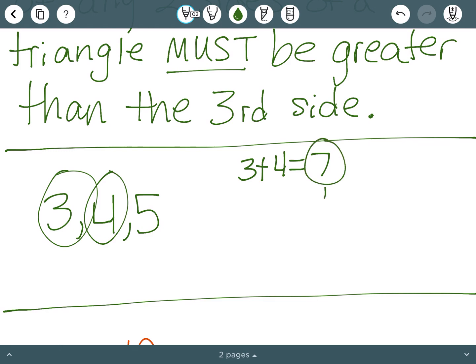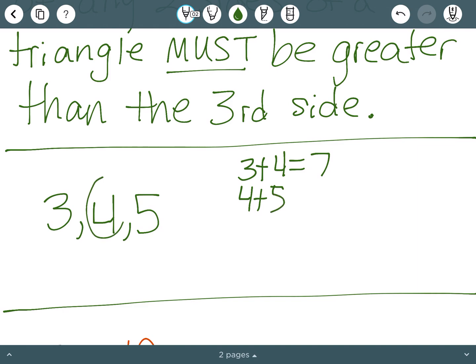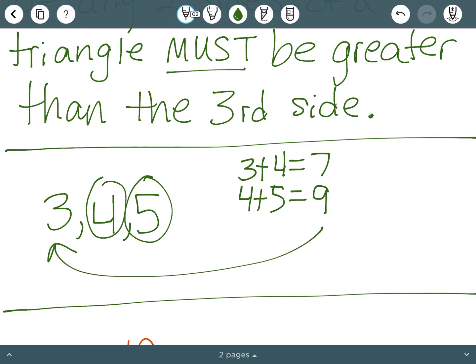And is 7 greater than my third side, 5? Yes, it is. So we're good so far. All right, let's take a look at my sides 4 and 5. We're adding 4 and 5. That gives us 9. Well, is 9 greater than our last side, 3? Yes, it is. So we are still good.